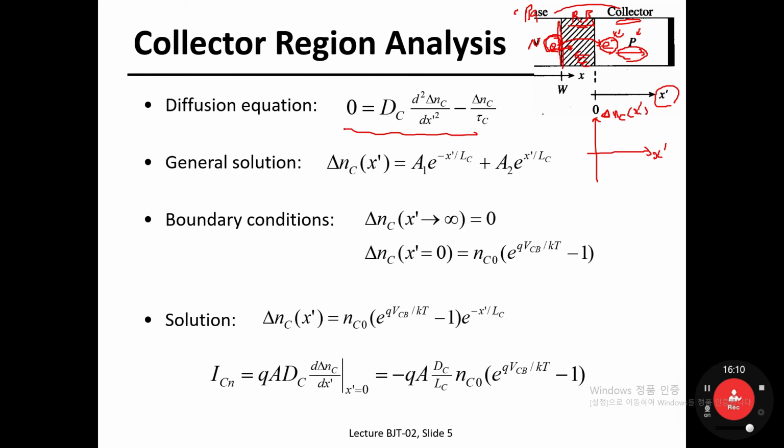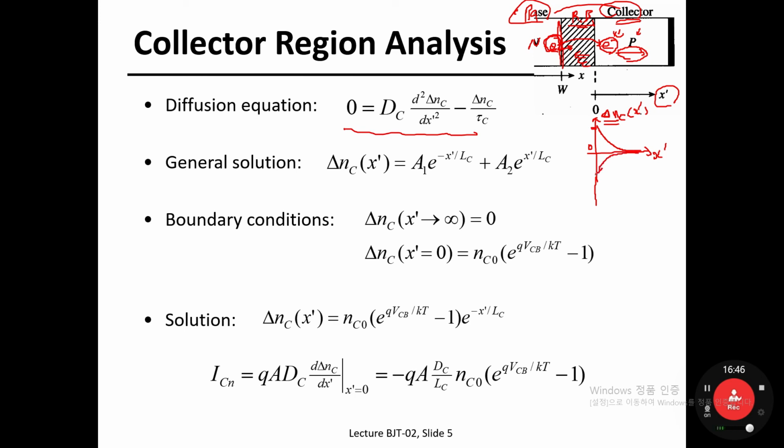Again, if this base-collector region is forward biased, then definitely this delta n sub c would be this positive value, and in the end it's going to asymptotically approach the zero value, right? But since this BJT is working in active mode, the base-collector junction is reverse biased, so if I draw the delta n sub c in the collector region, it should be like that.